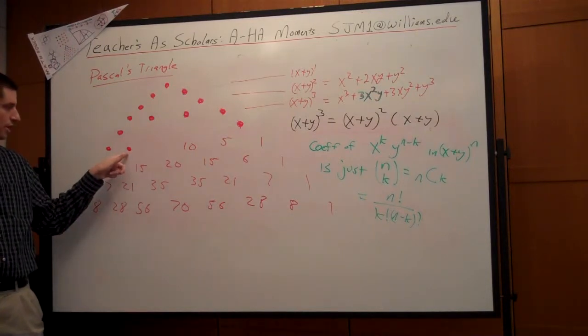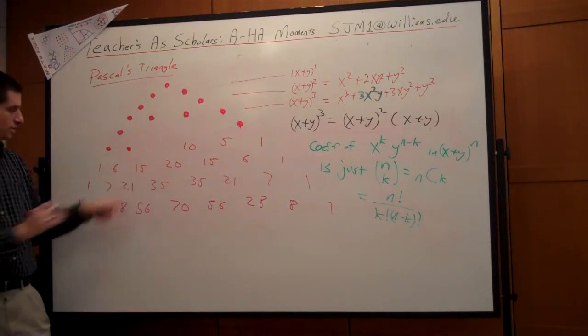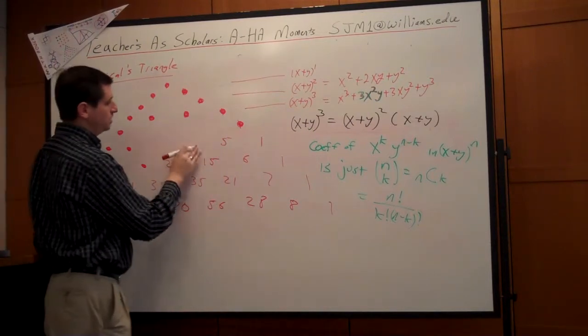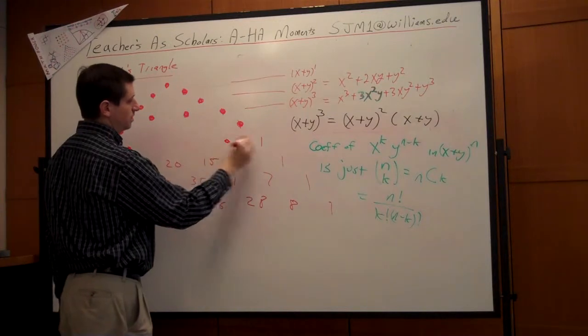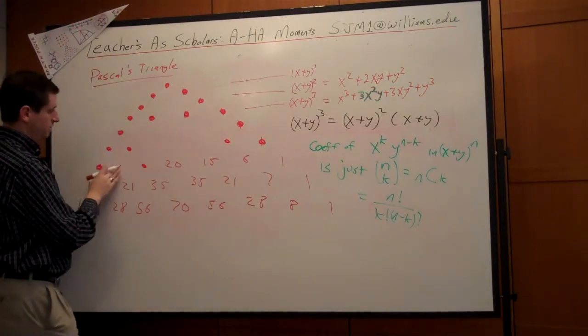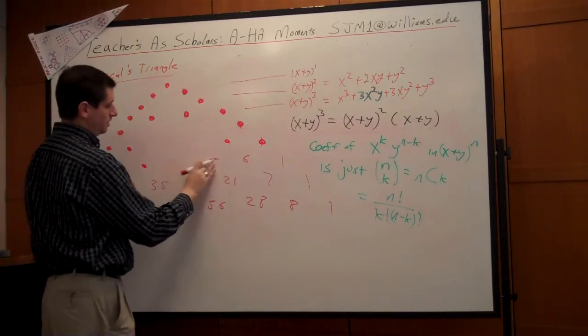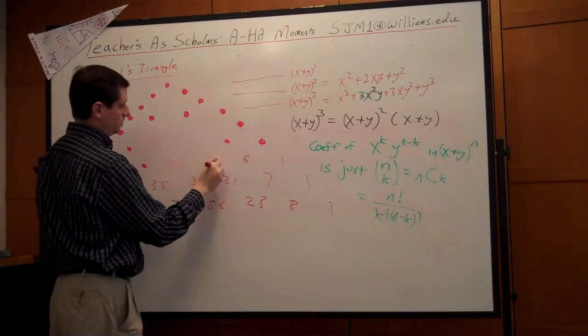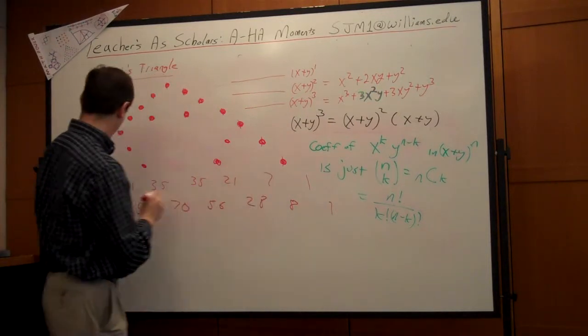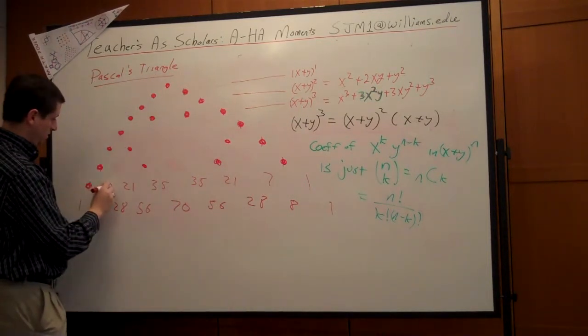I just care: odd number, even number. And so their sum will be an odd number. So this would be erased, this would be kept, this would be kept. Okay. This would be erased, this would be erased, this would be kept, this would be erased, this would be kept. We have 2 more rows to do, we're almost done.